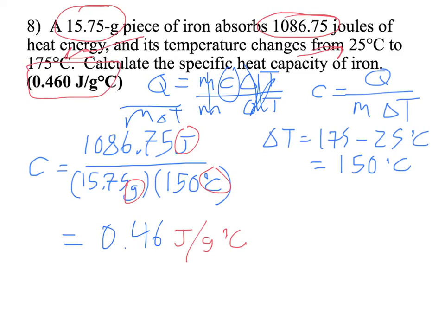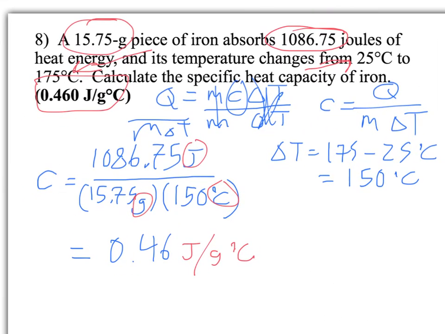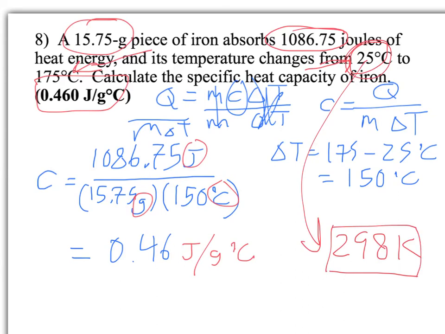In reality, however, let's go back to this. This number 25, if we were to look at this in Kelvin, is 298 Kelvin. So when we measure a temperature in Celsius, we can actually treat it as if it were a Kelvin number. And there are 3 significant figures in the value 298 Kelvin.